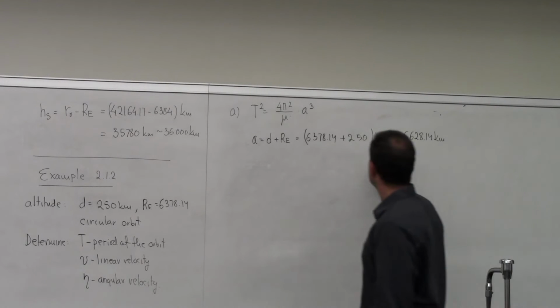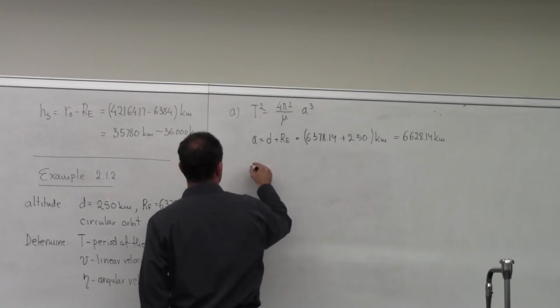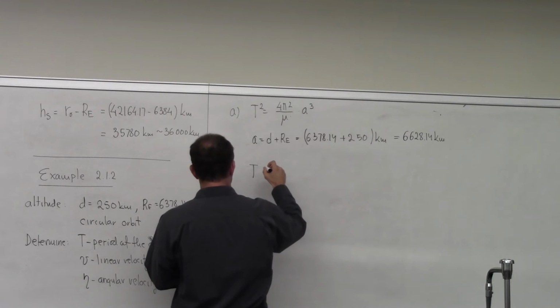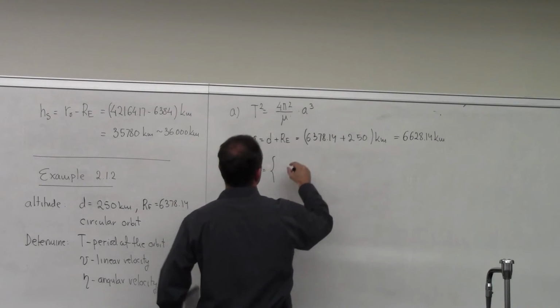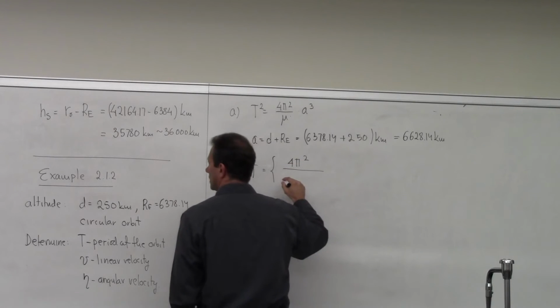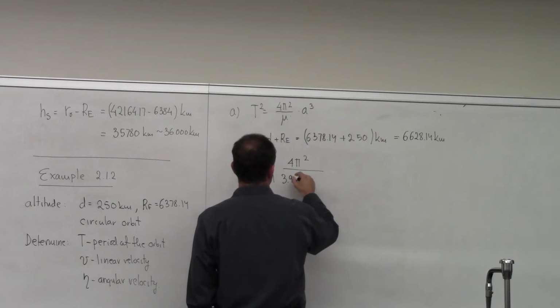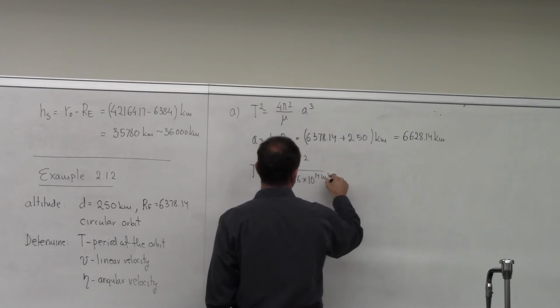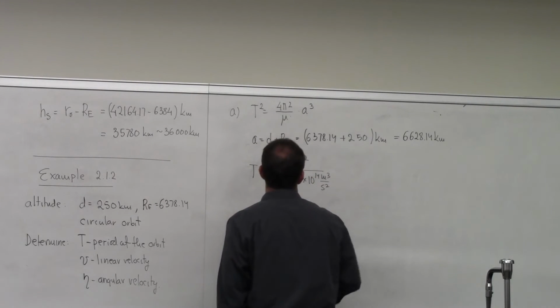So from here, once you know the a, you can calculate T easily. So T becomes 4 pi squared over mu. Mu is 3.986 times 10 to the 14 meters cubed over second squared.